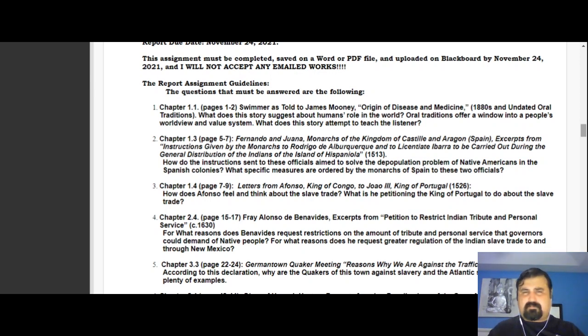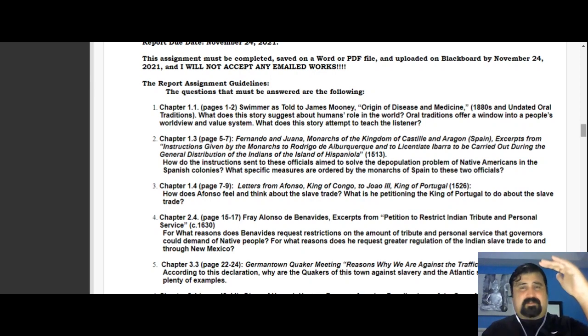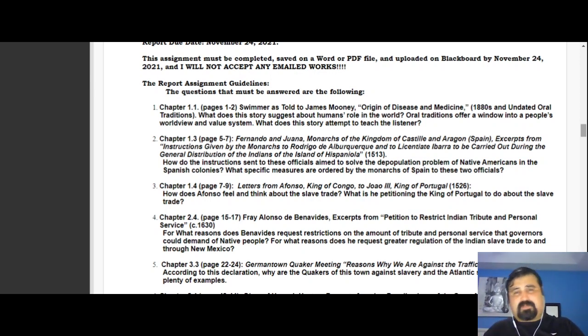The expectation is that the answers for each document must be a page, double spaced. So let's say in chapter 1, you read this document called Origin of Disease and Medicine, the Native American account, and it gives you 2 or 3 questions about the document.